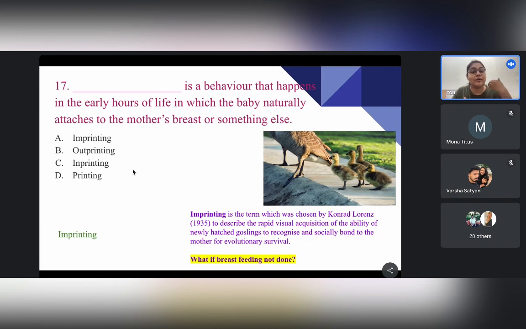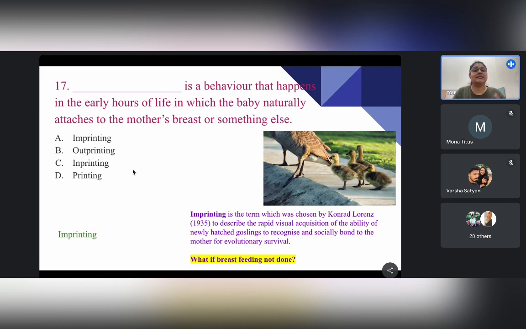The child will have more tendency towards feeding from the bottle or any other source, and will treat those as the actual source of milk, right? Hence, to get all the advantages of breastfeeding, it should be initiated from the first hour after birth.